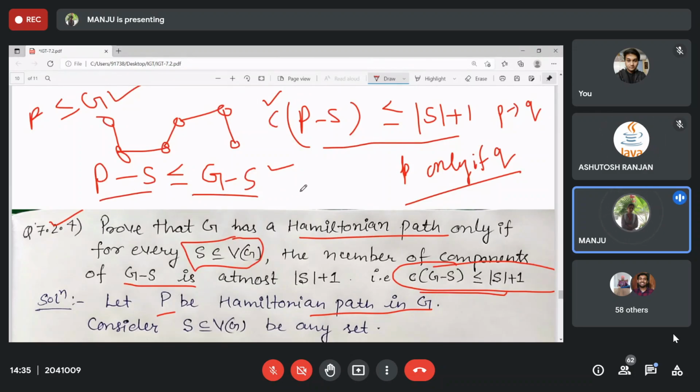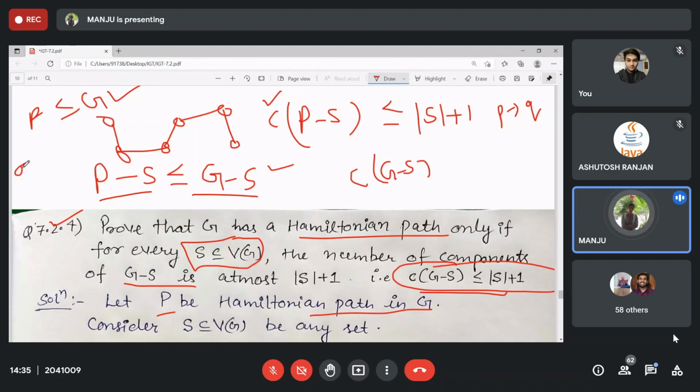If we are adding the edges, will the number of components increase or decrease? Either it remains the same or it will decrease, right? The number of components of G minus S: suppose P minus S was this one. I can add this edge, then this edge.